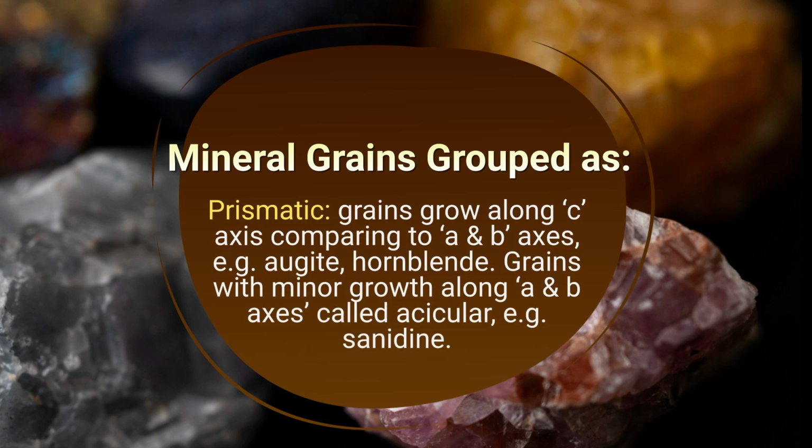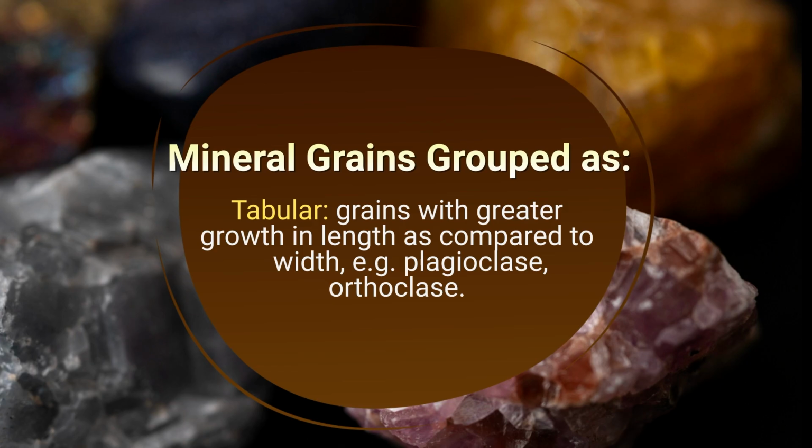Prismatic grains grow along the C axis compared to the A and B axes, for example hornblende; grains with minor growth along the A and B axes are called acicular, for example sanidine crystals. Tabular crystals are grains with greater growth in length as compared to width. Examples are plagioclase and orthoclase.